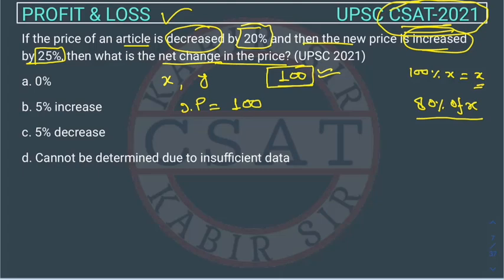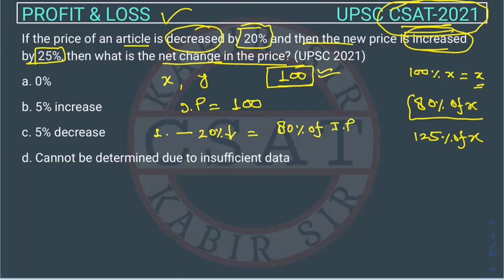If there is an increase of 25%, then we just add it to 100, and it will become 125% of x. So here the first condition is that the price of an article decreased by 20%. So we can directly write 80% of the initial price.